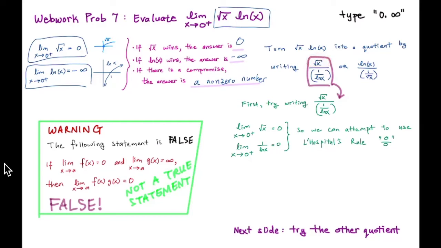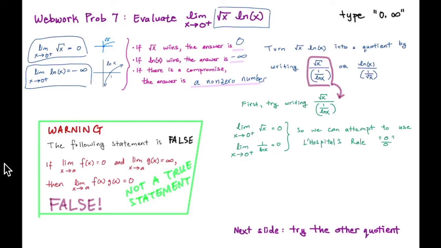Or you can leave natural log alone and replace square root with 1 over square root of x. Now let's first try the first one. So now my top function is square root of x, and my bottom function is 1 over natural log of x. And I check that the limit for both are 0, so we can attempt to use L'Hopital's rule.